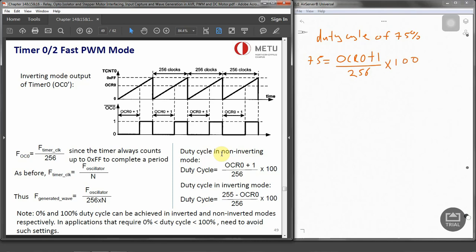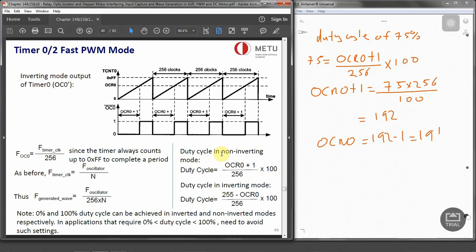If we rearrange that, OCR0 plus 1 equals 75 times 256 divided by 100, and this will give us 192. That means OCR0 will be 192 minus 1, which is 191. That is the OCR value we need to set.